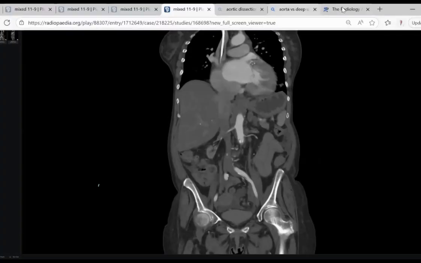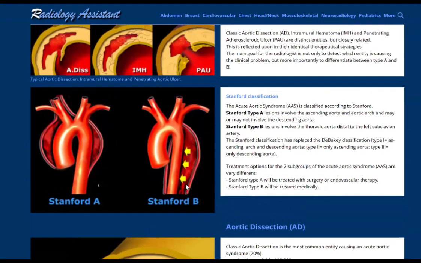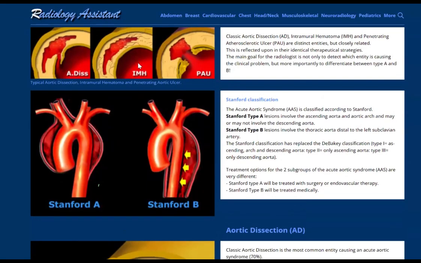Let's see the diagram, please. In the intramural hematoma, this is the entry. The blood goes inside the media and clots inside the media without an exit. In dissection, there are entry and exit. So in the dissection, this is flowing blood, not clotted blood.